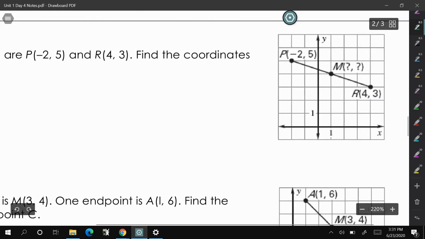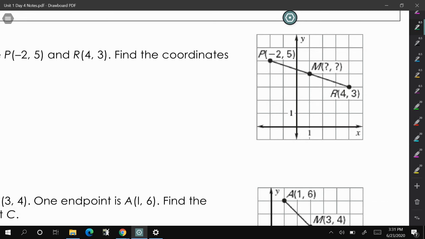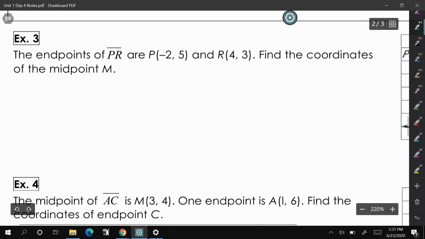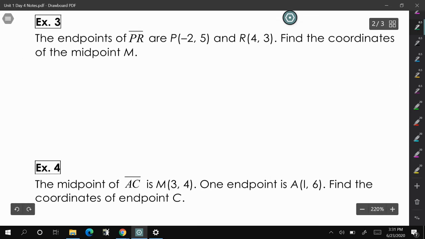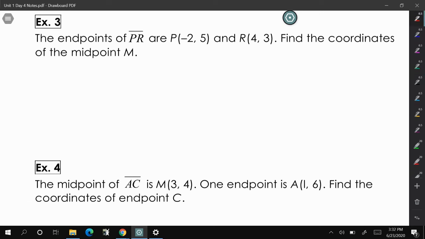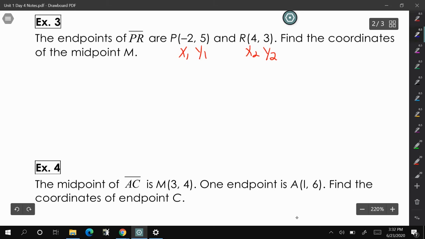And we have a picture over here to kind of give us an idea of what we're trying to do. And sometimes the problem might be easier to solve by using the picture instead of the actual formula. But let's practice using the formula so that we know what we're doing. So here are our points, and we want to find the midpoint. So I have x1, y1, x2, y2.